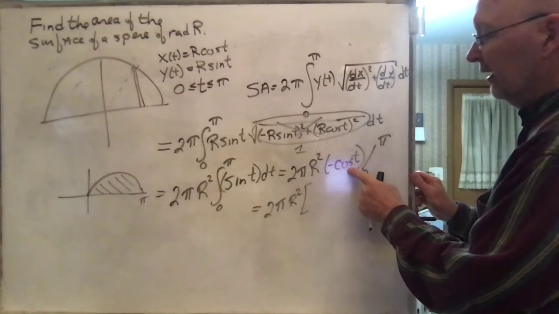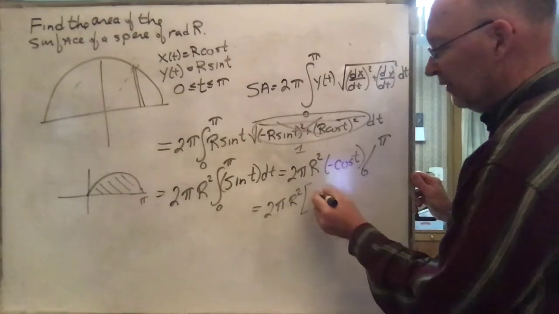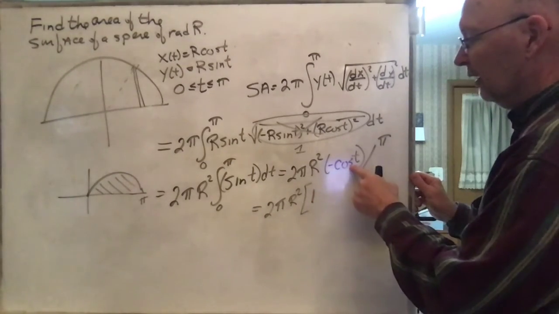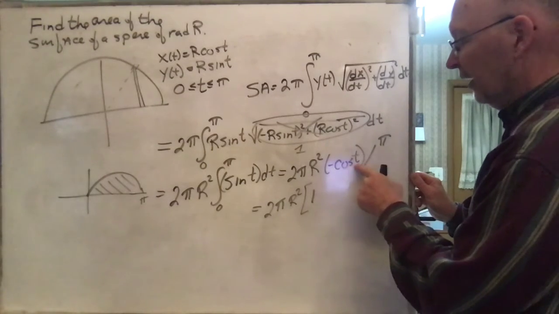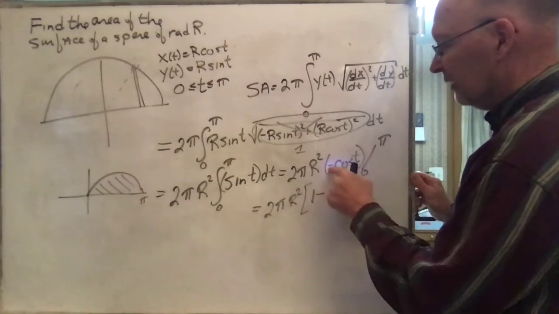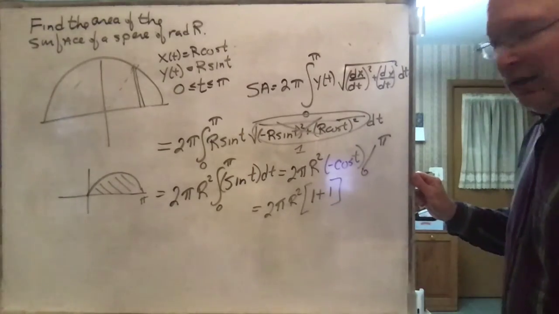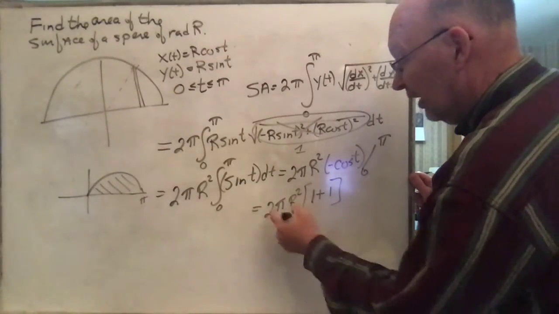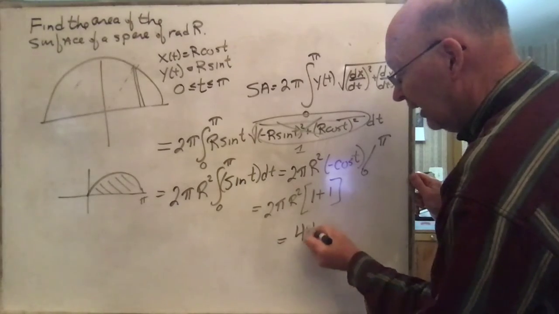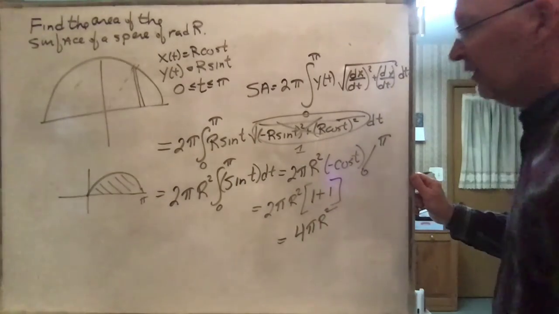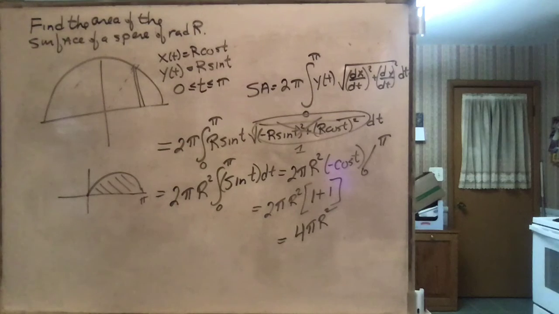The cosine of pi is -1. Negative times negative is a +1. Stick in a 0 here. Cosine of 0 is 1. So now I'm subtracting this, which gives me a positive. And so that gives me 2 times this, which is going to be 4 pi r squared. And that's the area of a sphere of radius r.